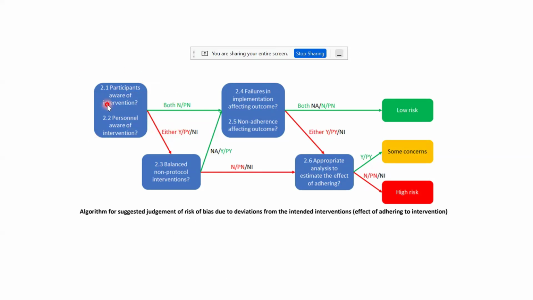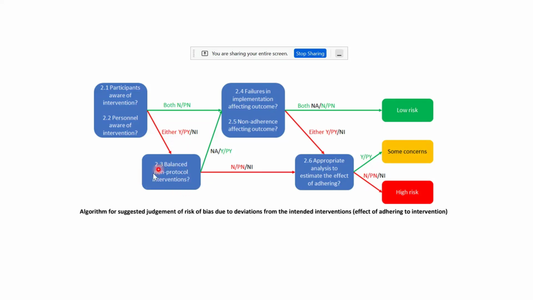The more this is yes, the more it means that it differs from the assignment to intervention. And if more people have deviated, that means the advantage of randomization has been lost. So if the answer is yes, then we have balanced non-protocol interventions.